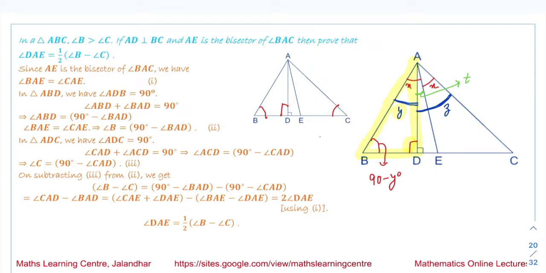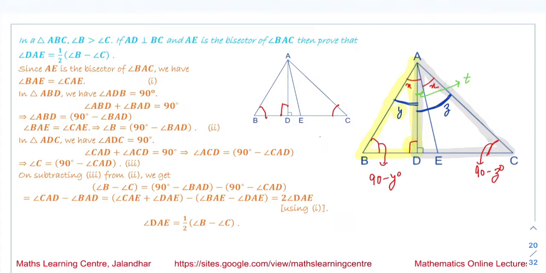Similarly, if I am considering the triangle DCA, this triangle I am talking about, then what we have is this angle is Z. So the value of this angle over here is 90 minus Z degrees.